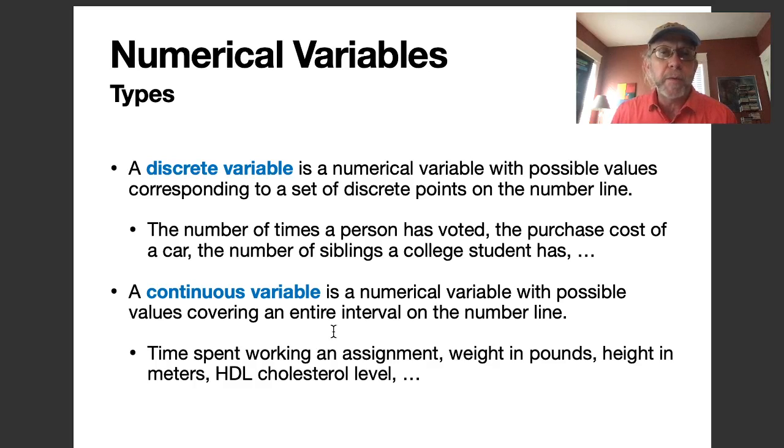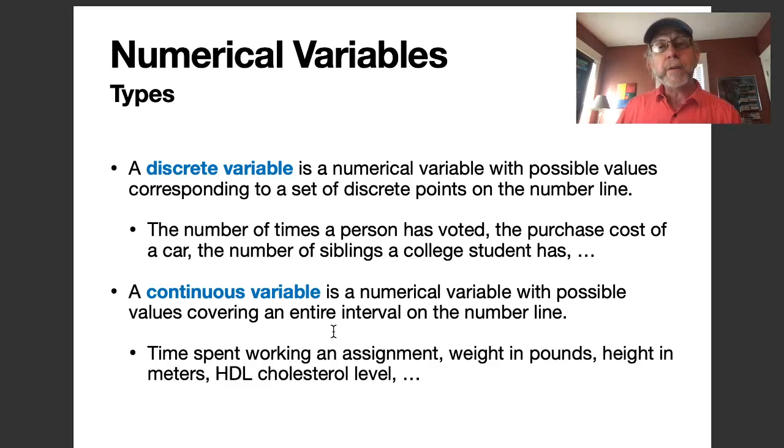In the limit of theoretical accuracy, you could get an arbitrary number of decimal points. I weigh 187.283577925 blah, blah, blah pounds. That kind of variable, which could have arbitrary precision, is called a continuous variable. And there are lots of examples of that.